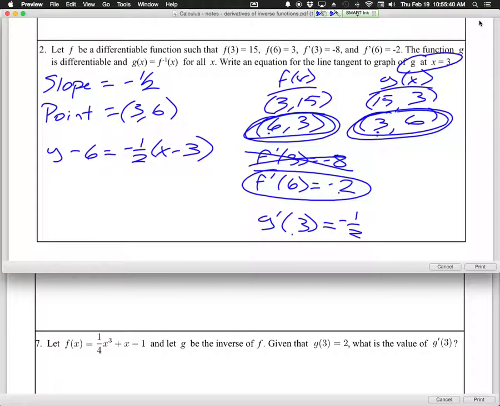If I want g prime, I want to plug in an x value that belongs to g. Okay, keep that straight. All right, let's do one from the homework that belongs to a table, and then hopefully you can handle it from there.